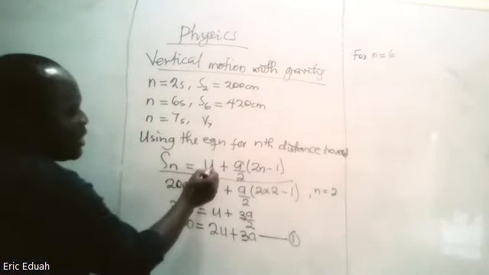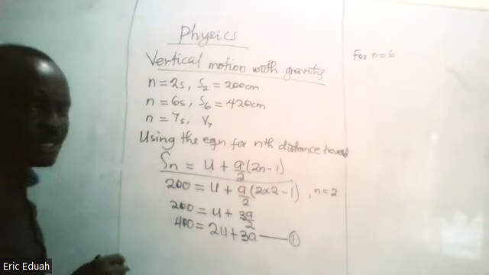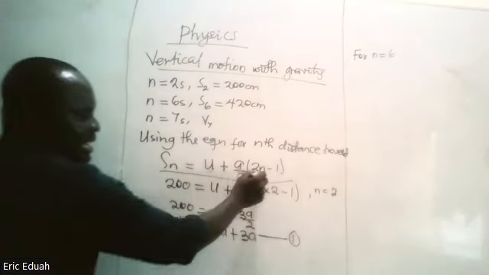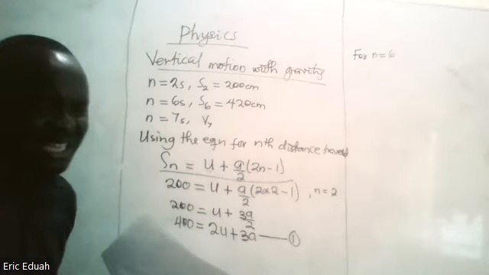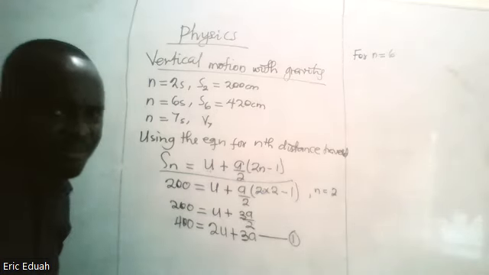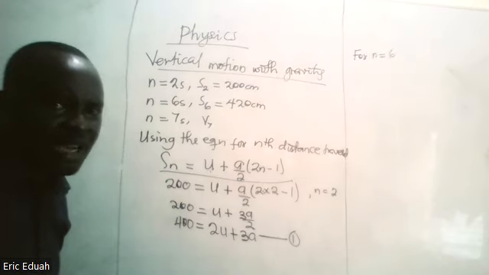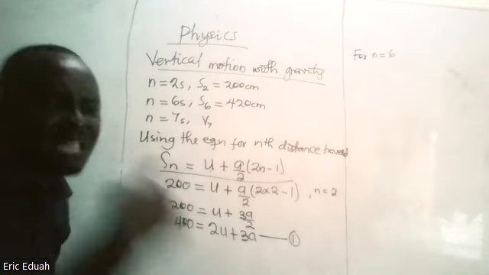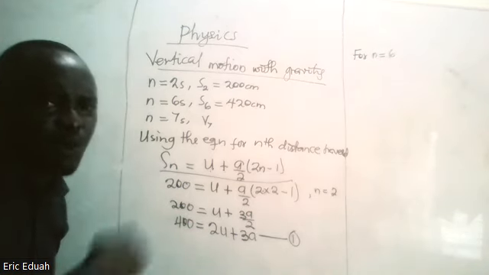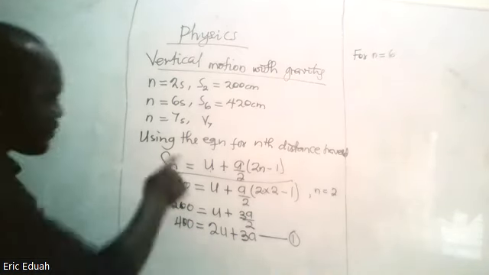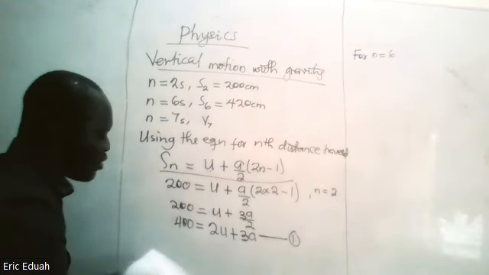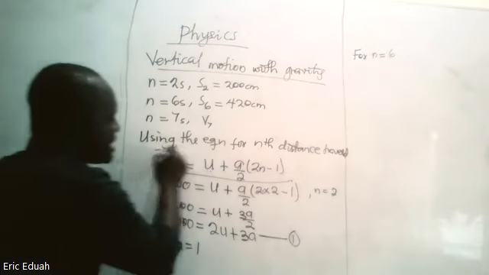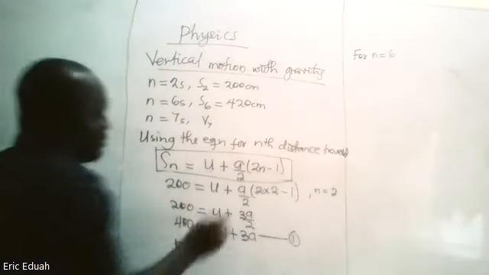Where U is the initial velocity of the body, A is the acceleration of the body, n is the nth time. Okay, we can have a varying time. So n represents the changing time. It can be 1 second, 2 seconds. So after 1 second, where n is equal to 1, what will be the distance covered? This is the formula to determine that.